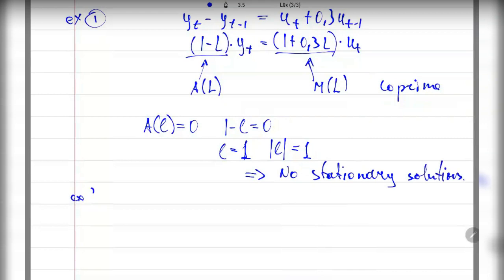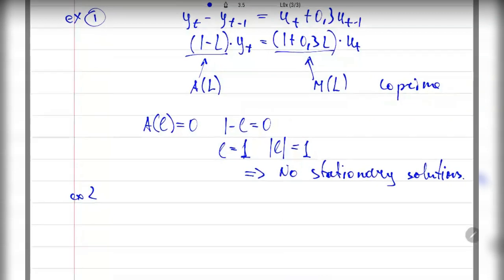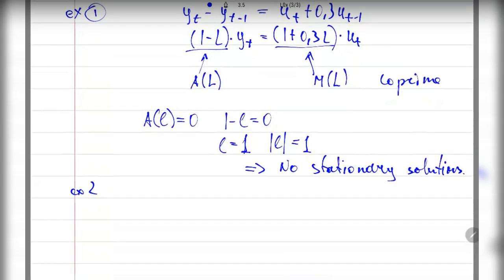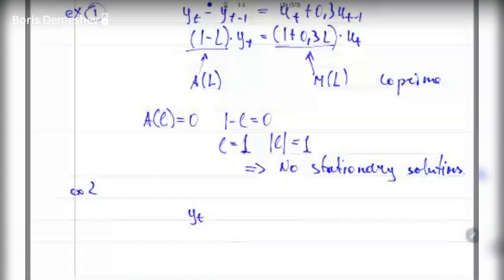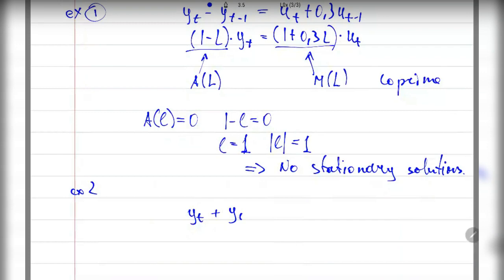Okay, example 2. Let's say we have something like y_t plus y_{t-2} equals u_t.